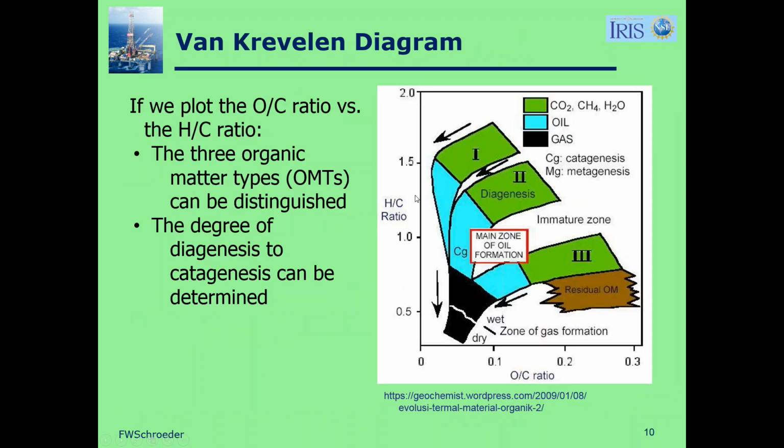This is what is called a Van Krevelen diagram. On the x-axis, we have the oxygen to carbon ratio. On the y, we have hydrogen to carbon ratio. And if we plot things out, we can see the type 1 organic material up in this portion, type 2 over here, type 3 over here.